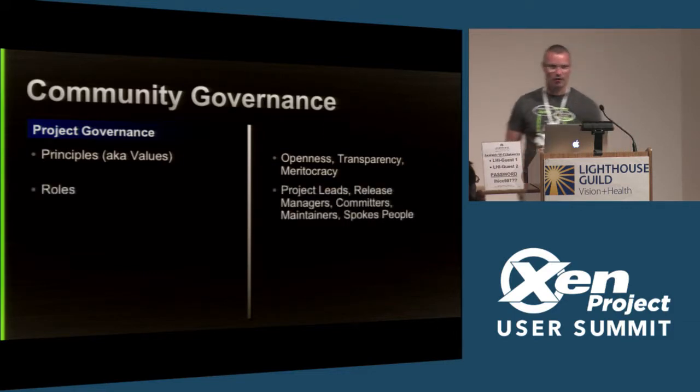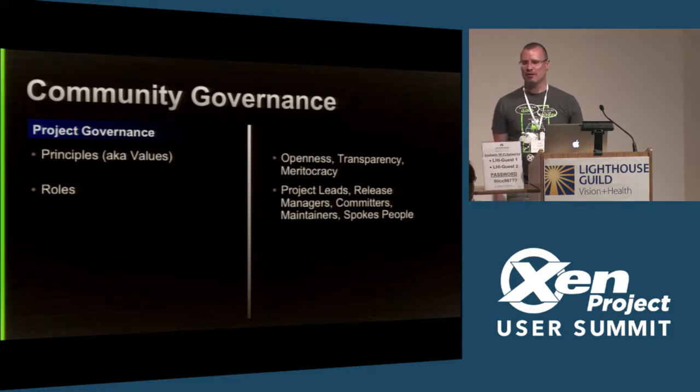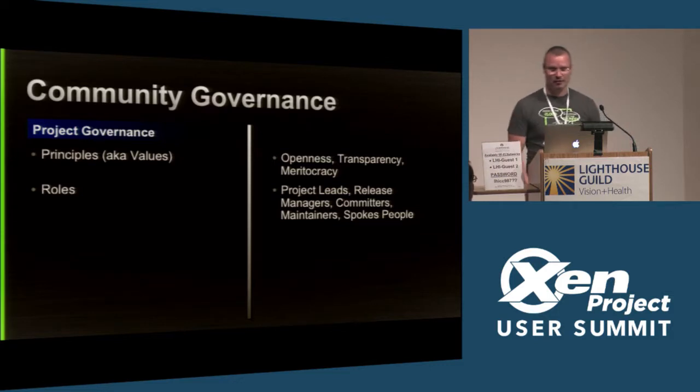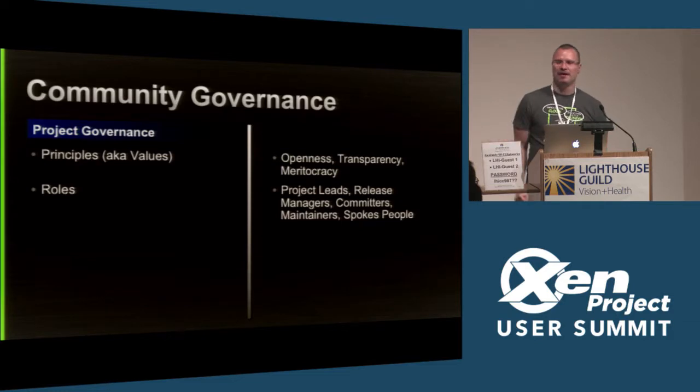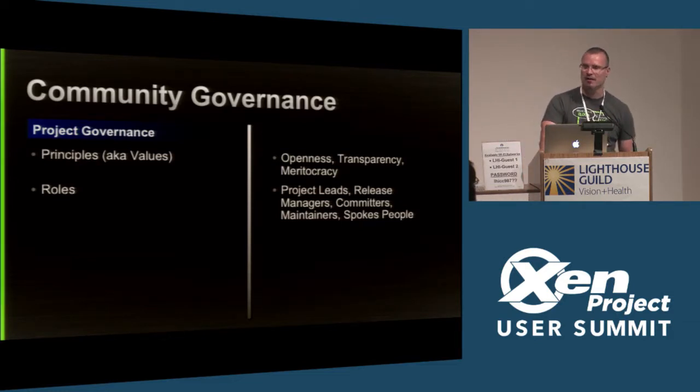Then we have a number of roles, and the number of roles is growing as we expand. So we have project leads. We have release managers. So Conrad, for example, from Oracle is here. He's going to talk about Xen 4.5. He's managing the 4.5 release. We have committers. These are people who have write access to the repositories. We have maintainers.